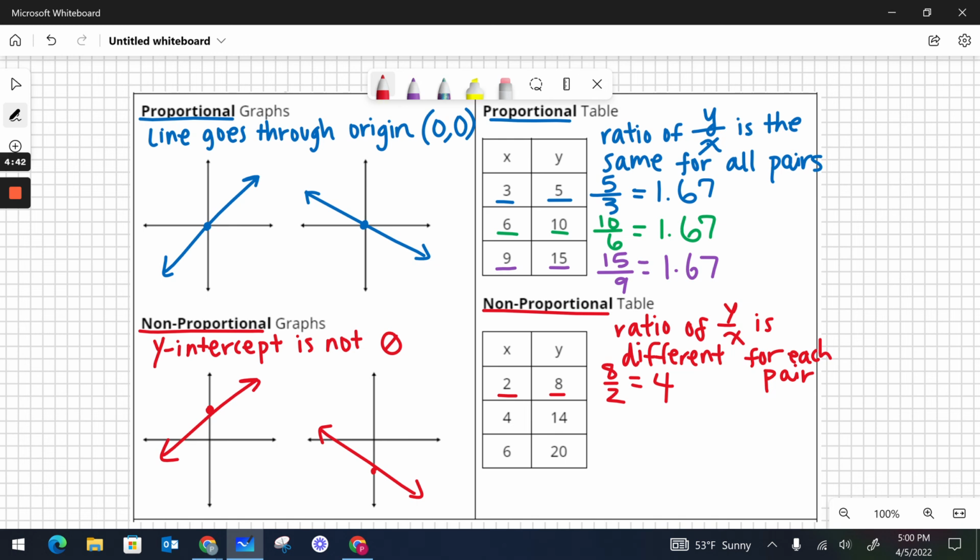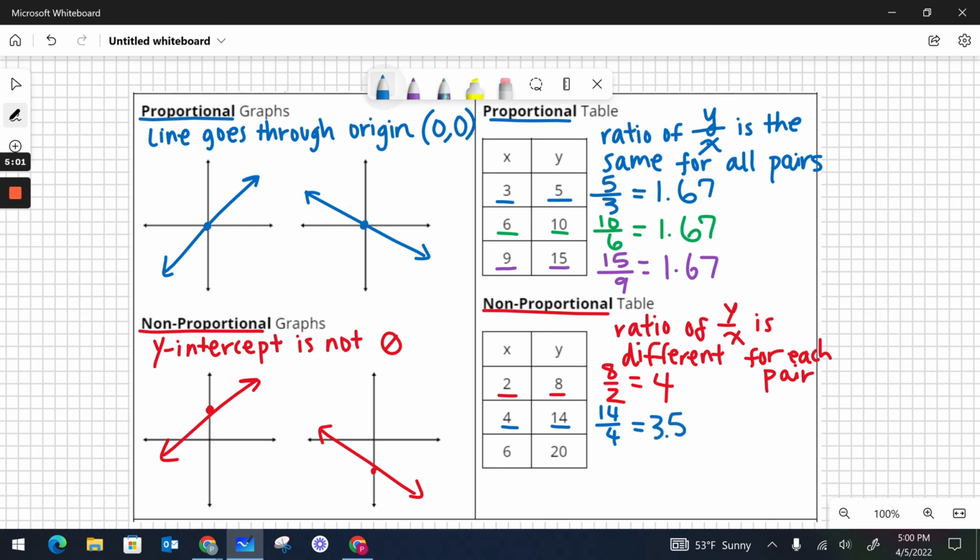Let's check the next one. 14 divided by 4. I check that pair. 14 divided by 4 equals, you put that in your calculator, 3.5.